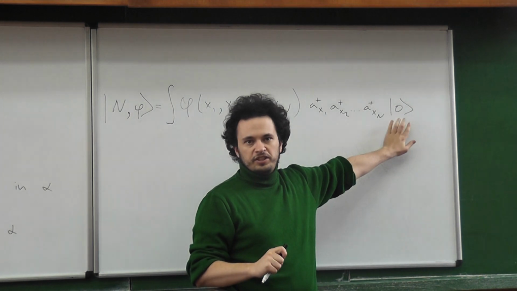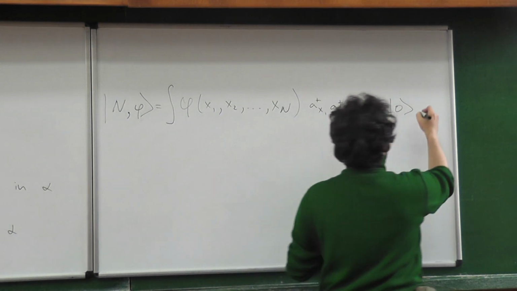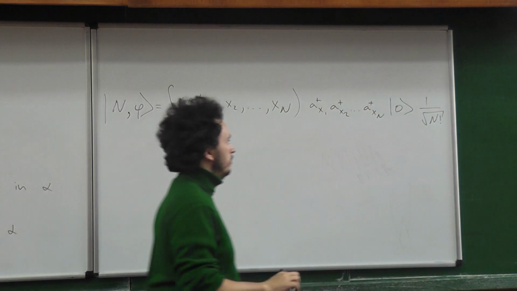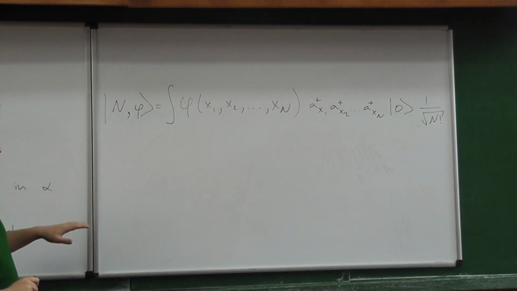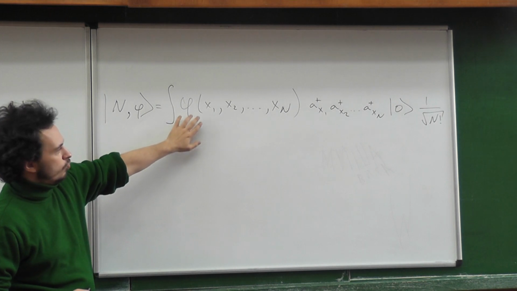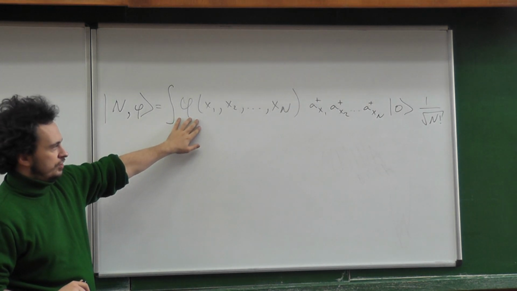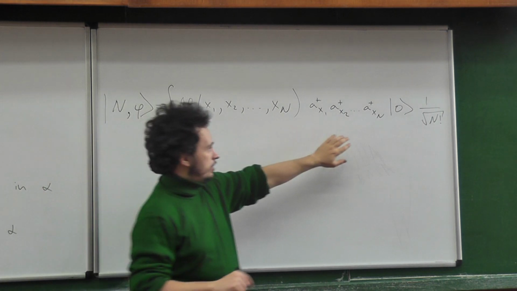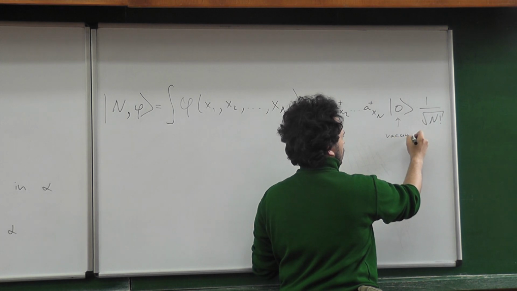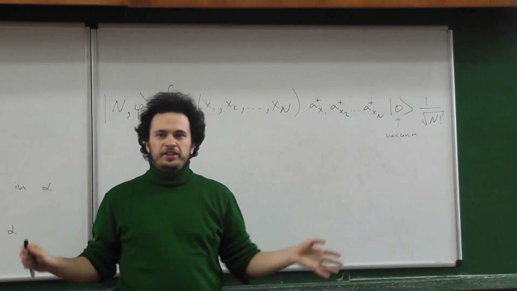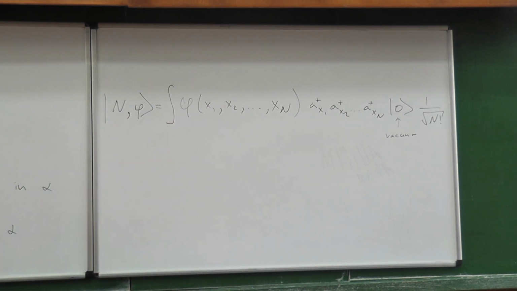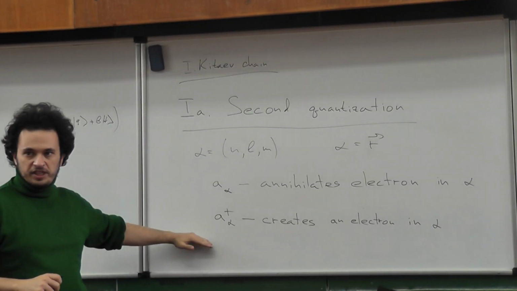It's a state without any electrons. And I have this normalization factor. So if I want to describe a state that has n electrons described by some wave function, in the language of second quantization, this is the state. This is vacuum, a state without any electrons. And each of these operators, by definition, creates an electron in some state.